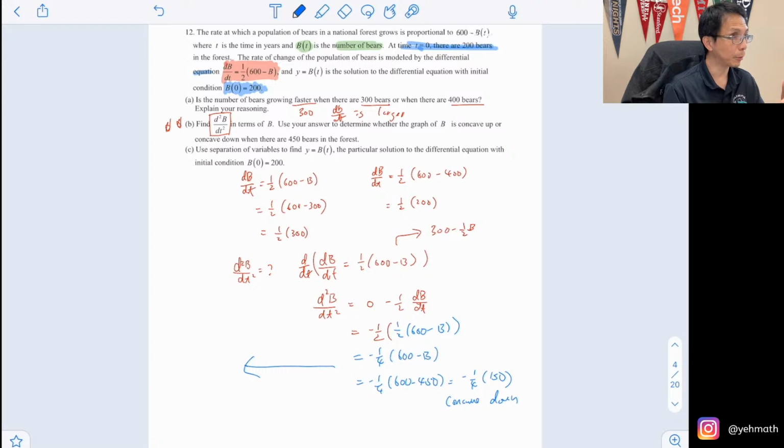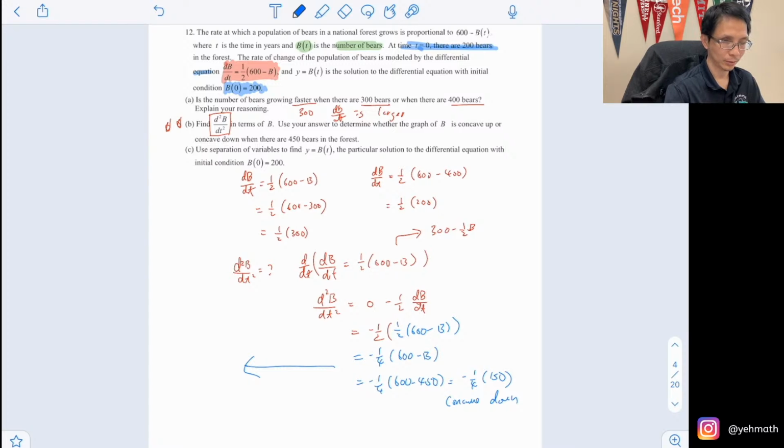What do we find in part B? Second derivative and concave down, right? So if it's concave down, is your tangent line approximation going to be over or under? It's going to be over.